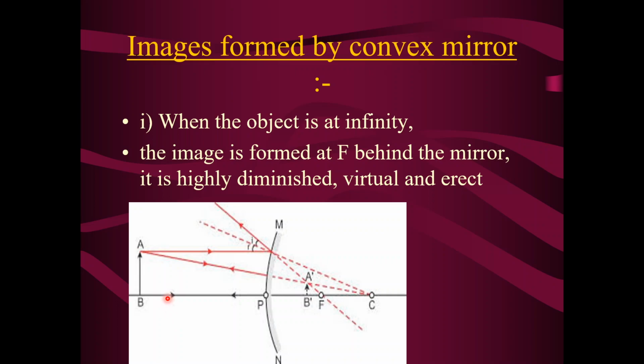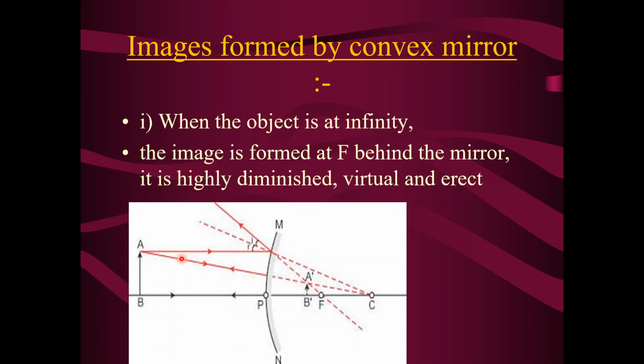Wherever you keep the object, say somewhere at infinity, two rays you can draw. One is parallel to the principal axis, so it will pass through the focus. It is reflected in such a way, diverged from the mirror, that when you extend it, it appears to pass through the focus. That is one ray.